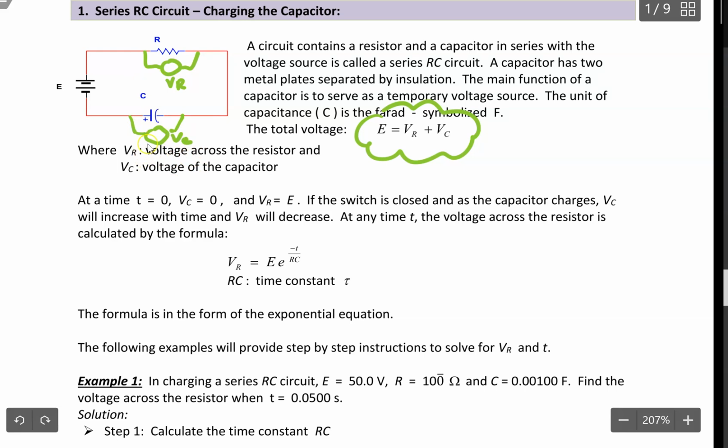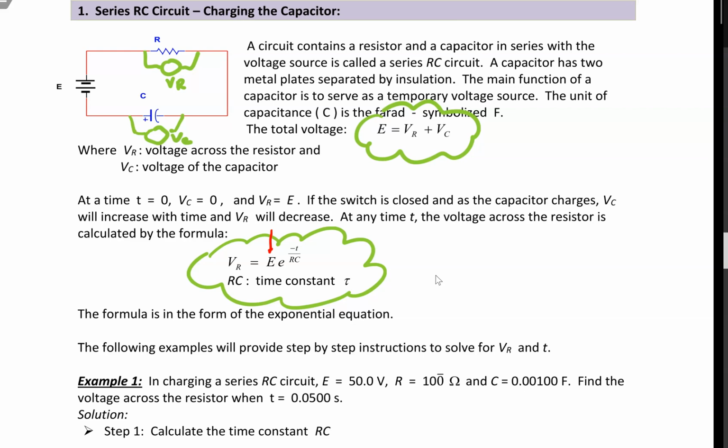At any time, the voltage across the resistor is calculated by this formula: VR equals the total voltage source E multiplied by the number e raised to the exponent of negative t divided by R times C. Don't forget, negative t divided by R times C is the entire exponent for this number e.